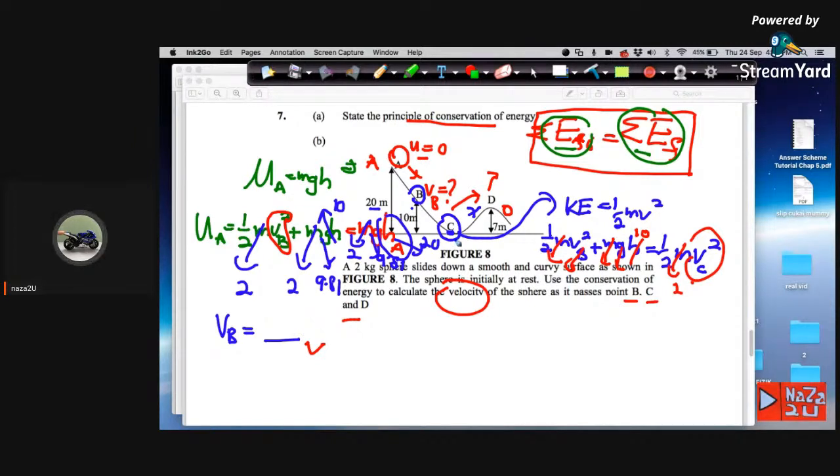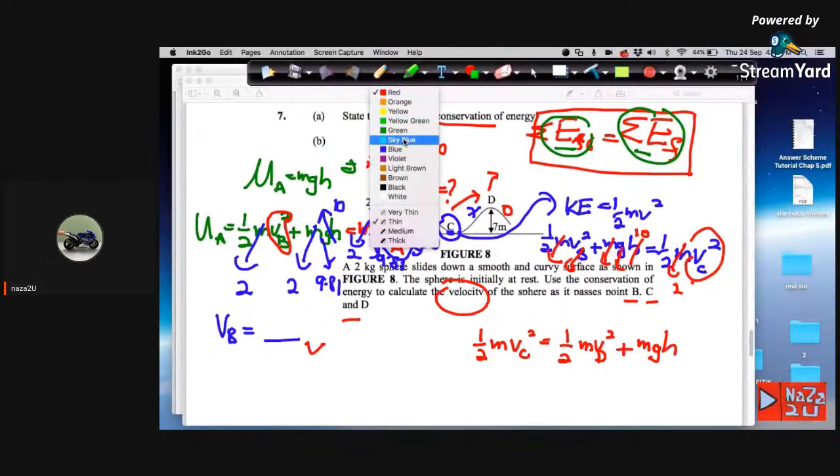Okay, pada titik C, kalau kita tengok kat sini, dia akan ada tenaga kinetik half mvC square is equal to, bila sampai titik D dia bergerak, dia masih ada tenaga kinetik half mvD square tambah dengan dia ada ketinggian, iaitu mgh. Jadi semua nilai-nilai ni kita boleh ambil.